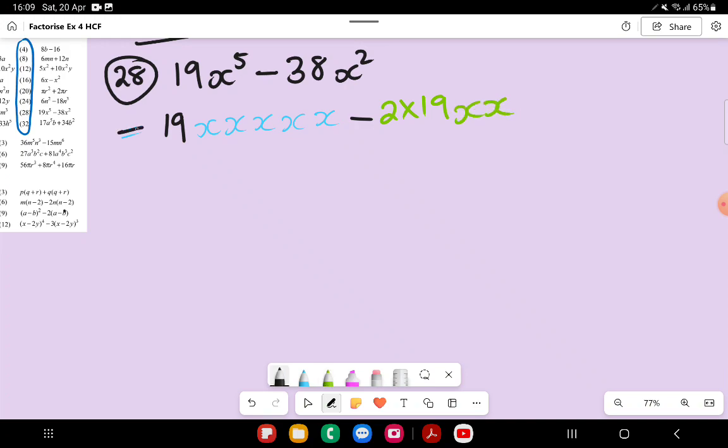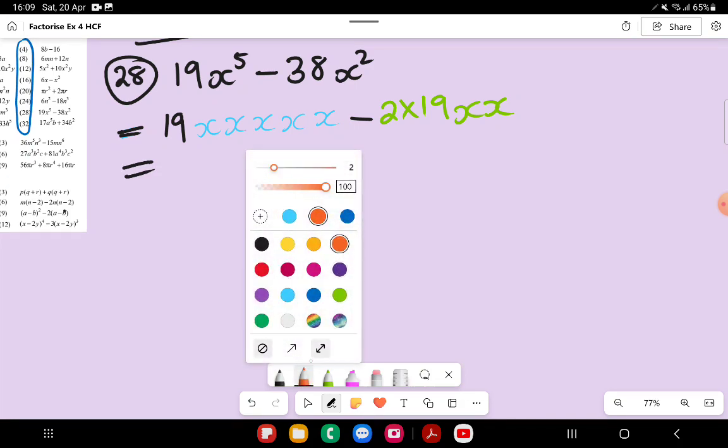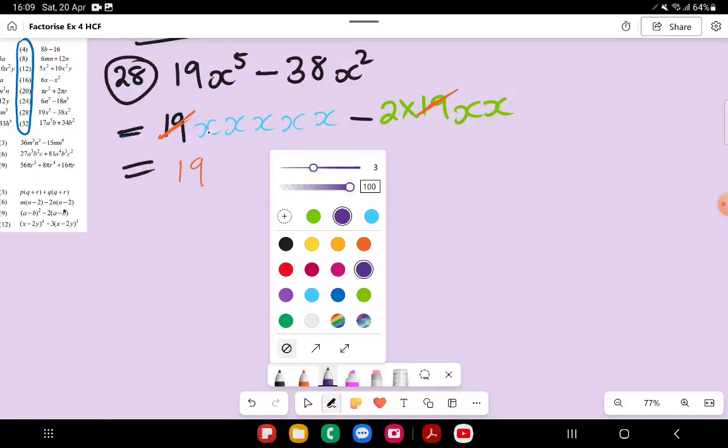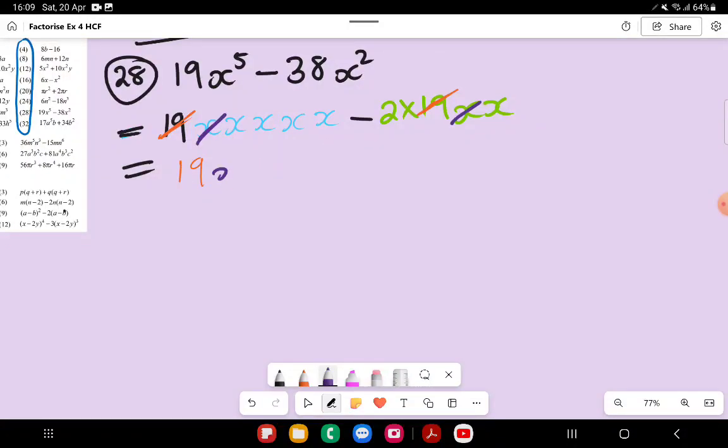So this is going to be equal to, let's take out our highest common factor. So the first thing we take out is the 19, and then we can take out x, x. Now I'm at the end of this number, so I stop.